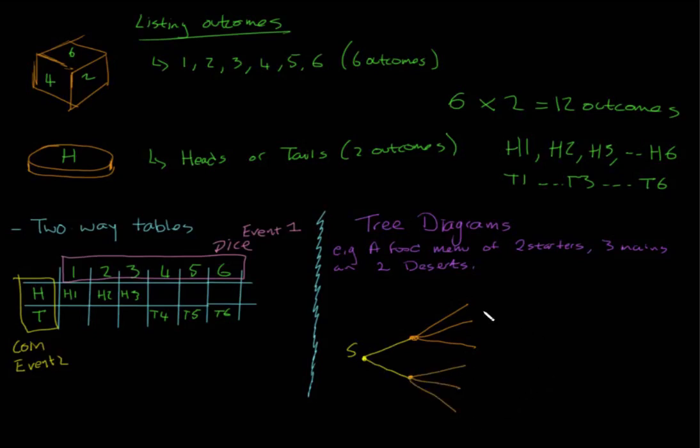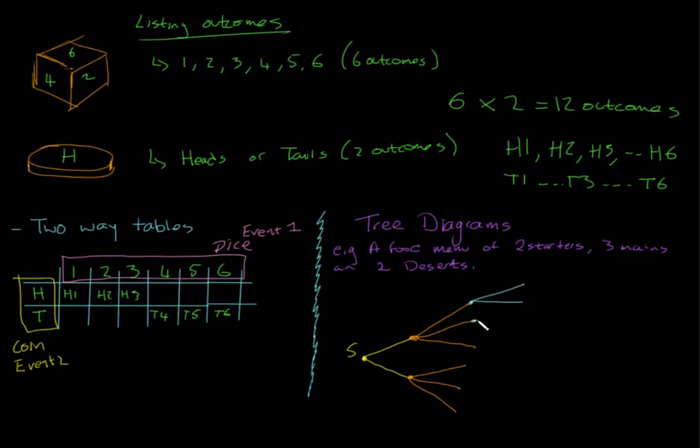Now, I had the soup and I had the steak. What is my option for dessert? Well, there's 2 options, so I don't know what we'll say, apple pie and chocolate brownie or something. So you have 2 options now here.